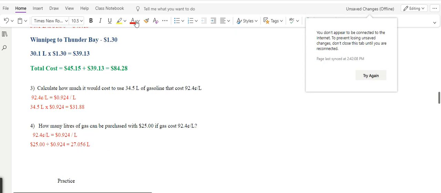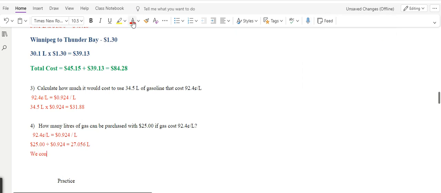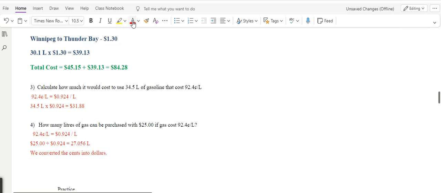So again, the way we did this question was we converted the cents into dollars, and we're going to take our cash on hand, or you could say starting amount, and divide it by the price per liter. And those were the steps that we needed to use in order to solve this.